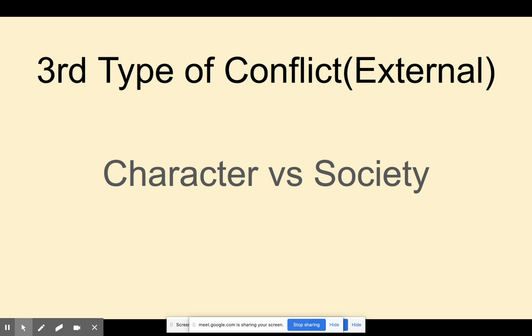Another type of conflict would be character versus society. So the story, The Pedestrian, where the guy's outside and he's being treated like crap because he's doing that.